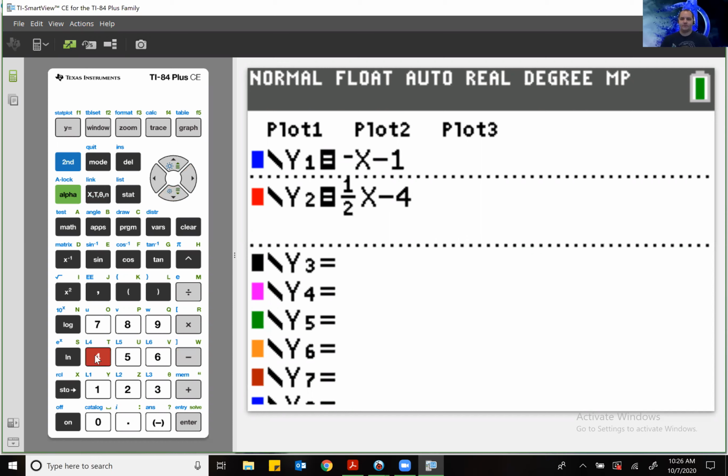Everyone good so far? Rochelle, you okay? You're shaking your head no. What's the matter? To be honest, I still don't know how to use this calculator. Well, were you able to get these equations in?